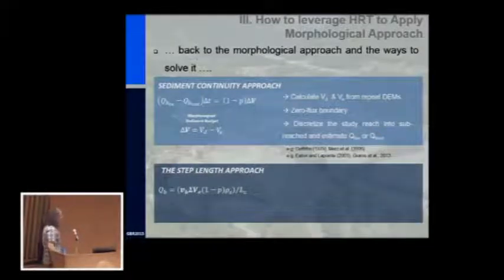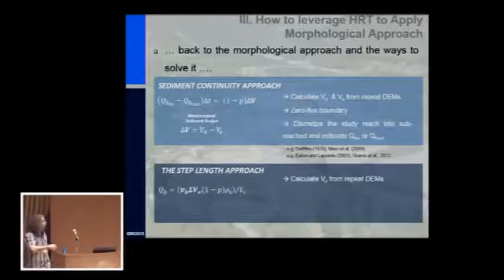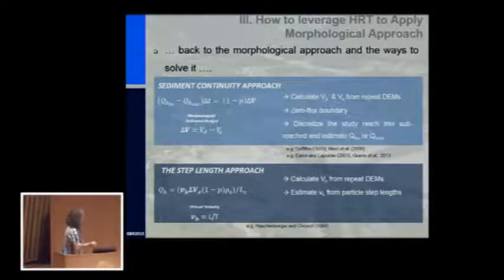Using the step length approach, of course, with the digital elevation models, we can get the volume of material that is eroded in a given time. And then we need an estimate of the virtual velocity, so how far the particles are moving in a given time.